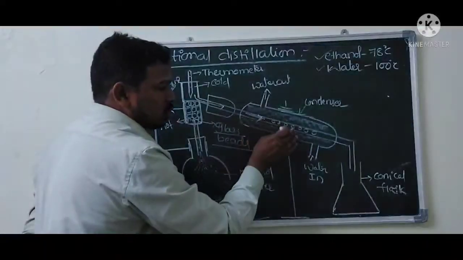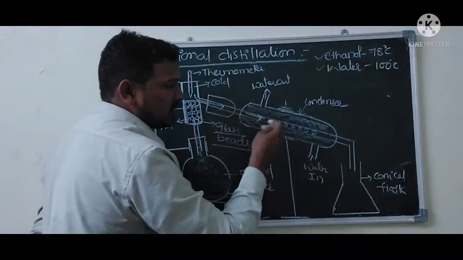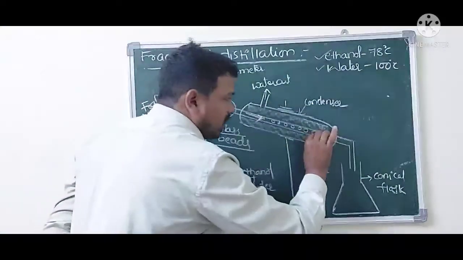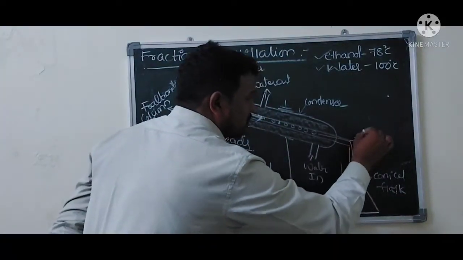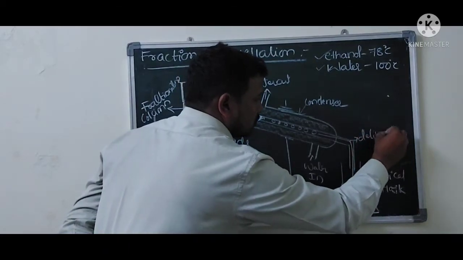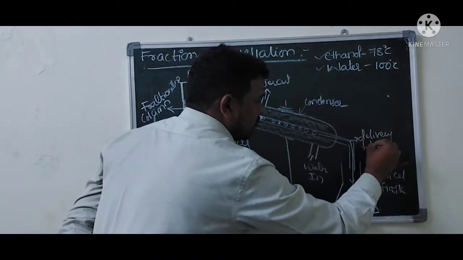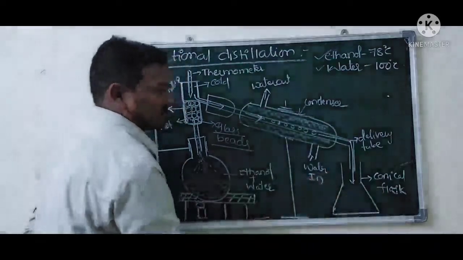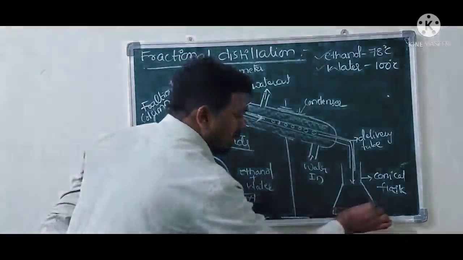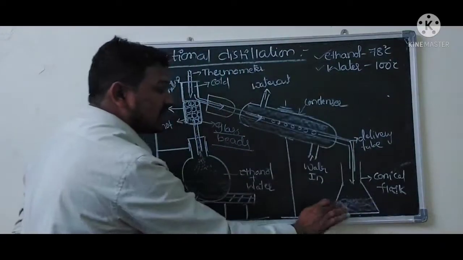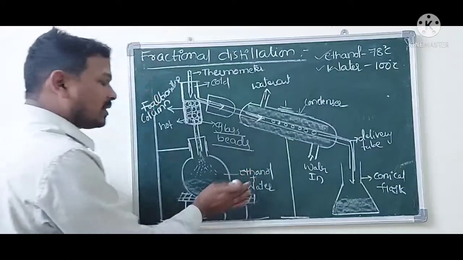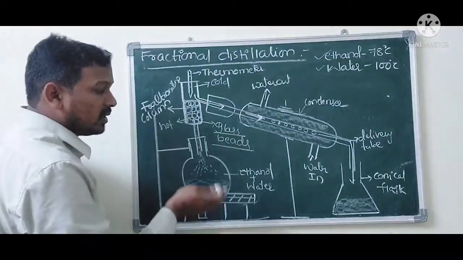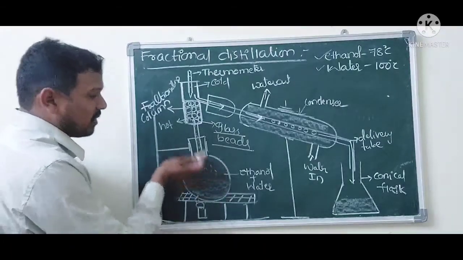Due to the formation of droplets, they gain some weight and flow through the delivery tube into the conical flask, where we can collect the distilled ethanol. Like this, we can separate the ethanol from the water till the complete vapors have come.